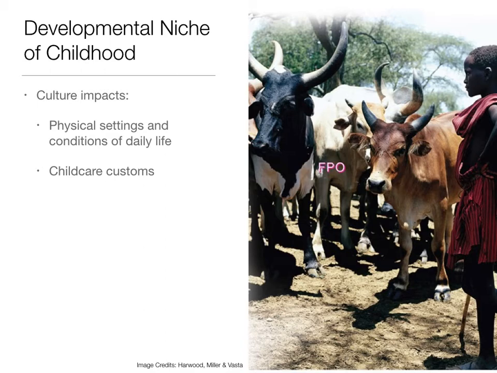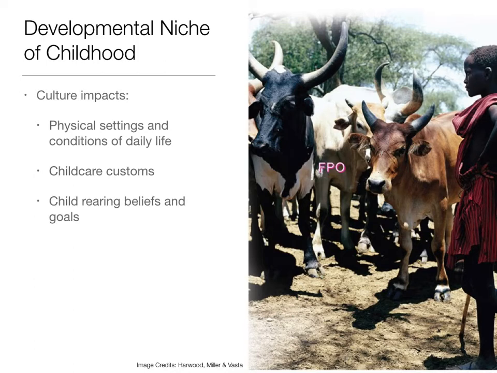Different cultures have different views on who's appropriate to take care of children and how that's handled, the roles of mothers and fathers, and the roles of mothers and fathers working outside of the home. Those things are different in different cultures, and that creates different childhoods for different individual children.